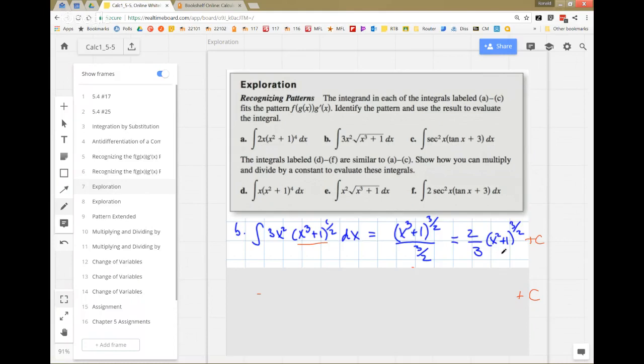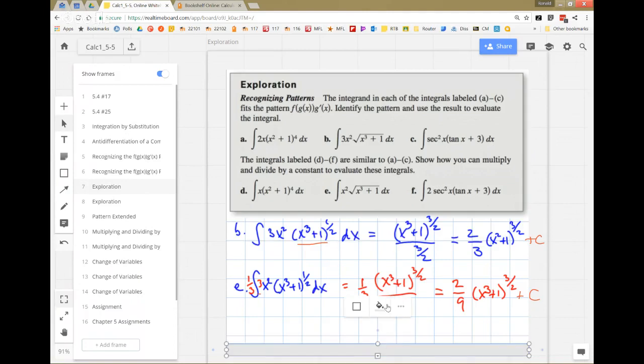If we integrated this, if we differentiated this, we'd come right back to what we had in the problem, and therefore it checks. Okay, now we're going to look at E, which again needs a tweak. In E, x cubed plus 1 is the innermost function, and when the chain rule is used on that, you get 3x squared.